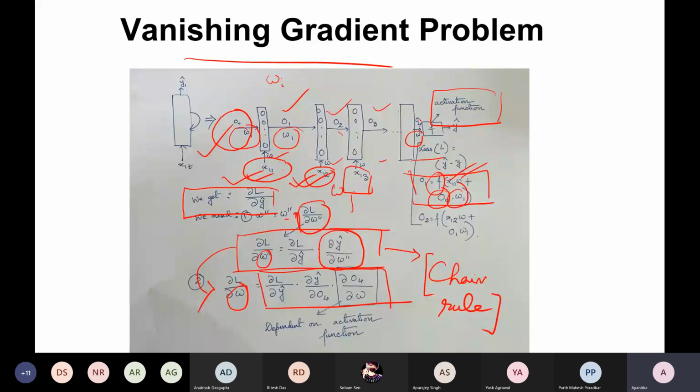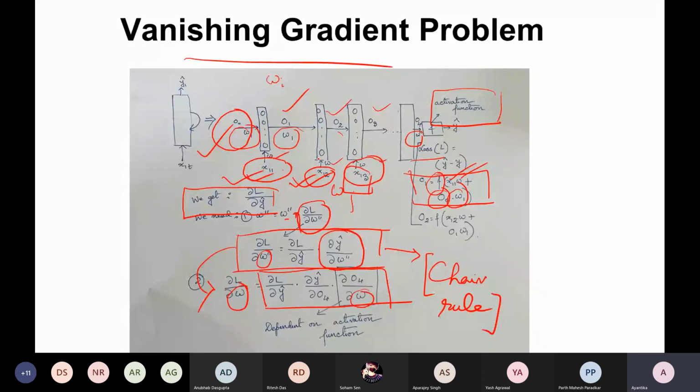Then you multiply that by the derivative of output 4 with respect to the final stage weight you are considering.